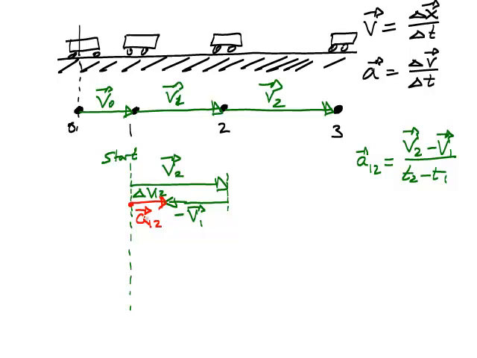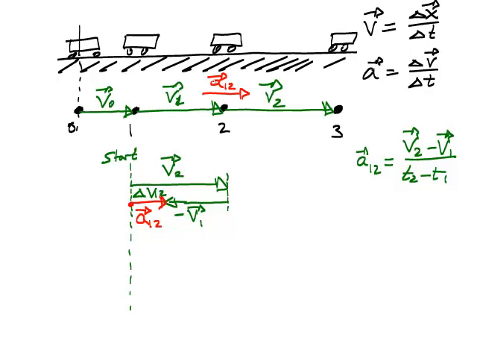So now I want to take this arrow and place it in my motion diagram. And to do that, I want to place it over the two vectors that it's describing, in this case v1 and v2. So I'm going to place this overlapping my v1 and v2, and of course label my vector.